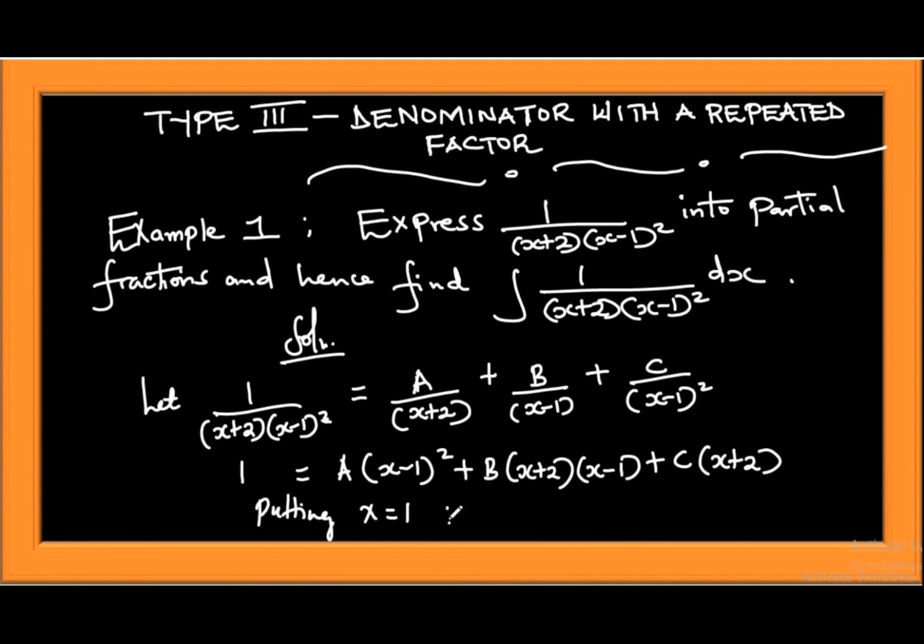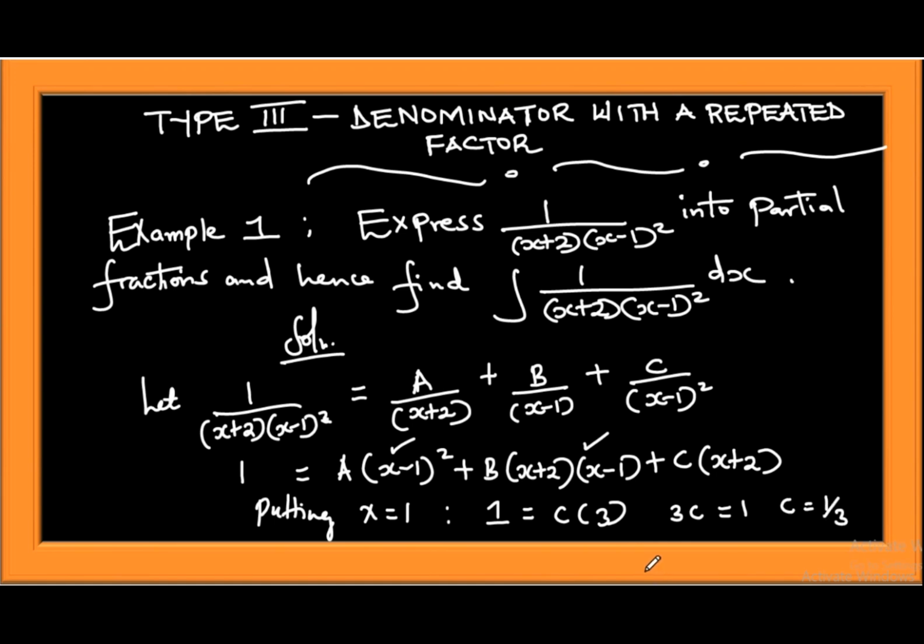So when I put 1 on the left-hand side and right-hand side, definitely on the left we shall have 1 is equals to, on the right-hand side, the whole of this term becomes 0. The whole of this term becomes 0 because we have x minus 1 here. So we only remain with c into brackets 1 plus 2, which is 3. So if you have 3c equals to 1, it definitely tells you that c becomes a third.